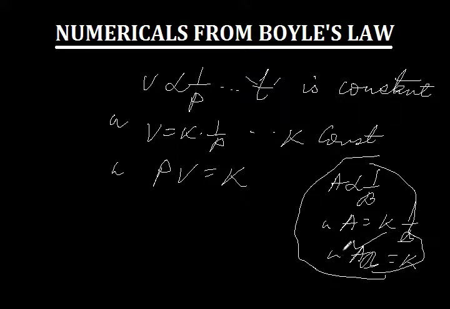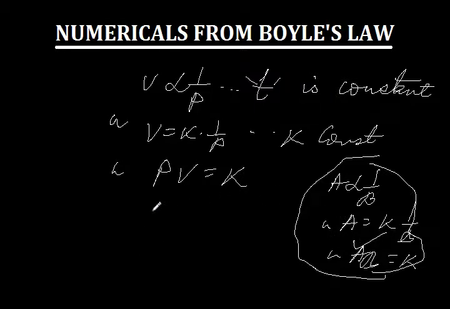And we have already stated that if two quantities are directly proportional, then their ratio will be constant. This will be applicable for Charles' law. And here, the product of two quantities is constant for Boyle's law.